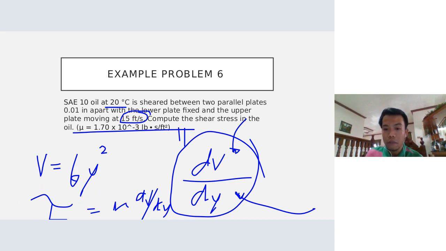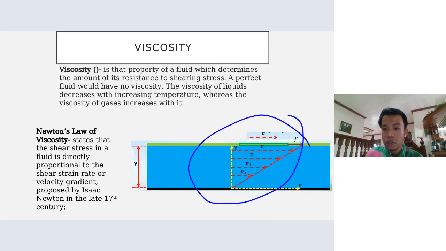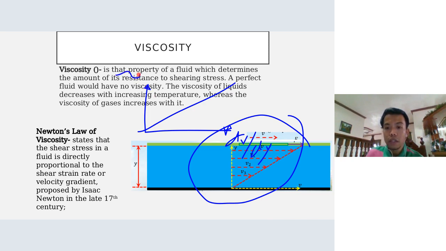Itong equation na to, galing siya dun sa relationship ng dalawa. Kasi as we increase the dv over dy, we also increase the shear resistance. So, they are directly proportional, and the constant of proportionality is the viscosity.